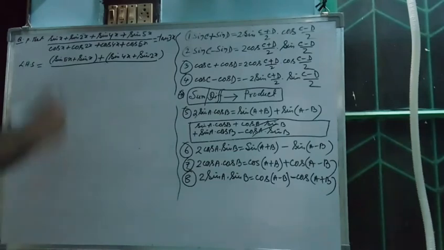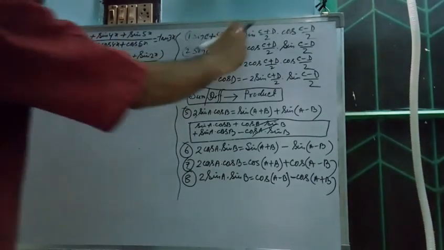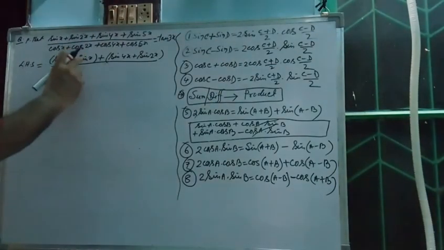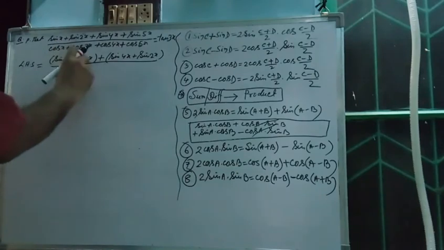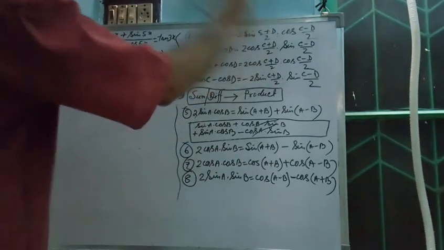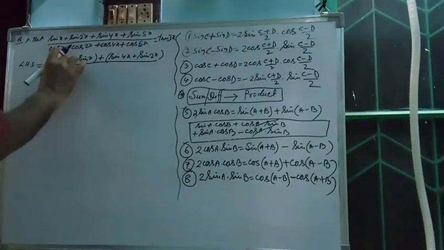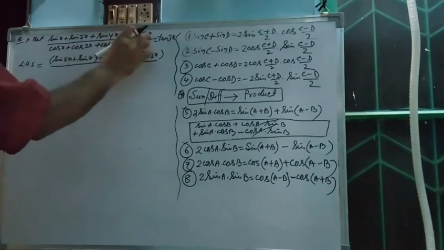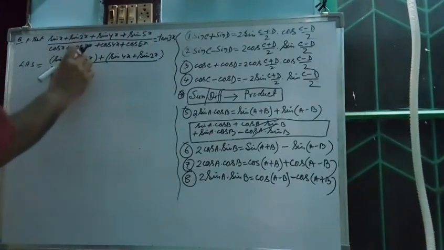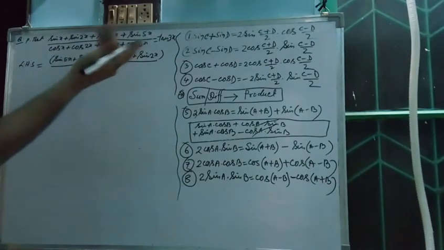See, when we put this in these formulas, we will get 2 sin (c plus d)/2 into cos (c minus d)/2. If we take 5x and 2x, then (5x plus 2x)/2 is 7x by 2, not exactly divisible. That is the reason we are not choosing 5x and 2x. We are taking 5x and x, because (5x plus x)/2 is 6x by 2, exactly divisible, and we will get 3x.